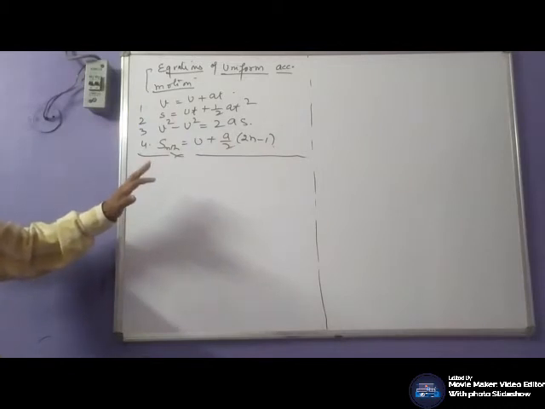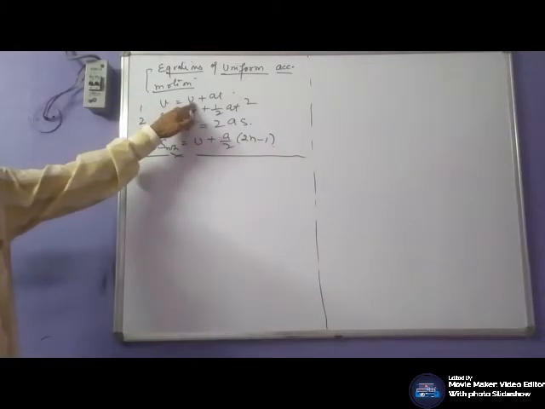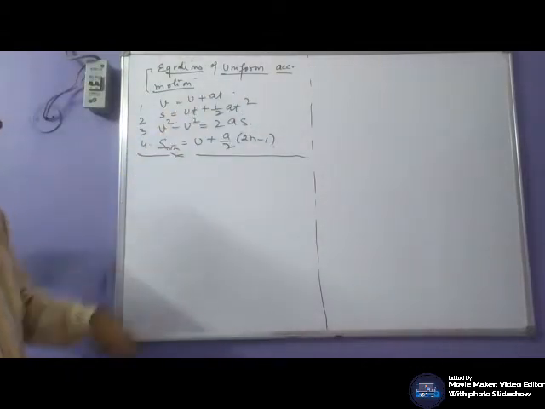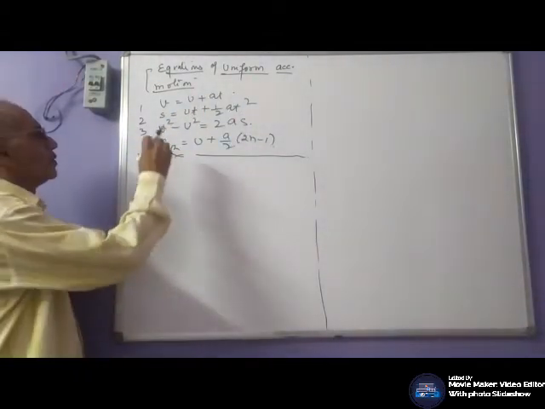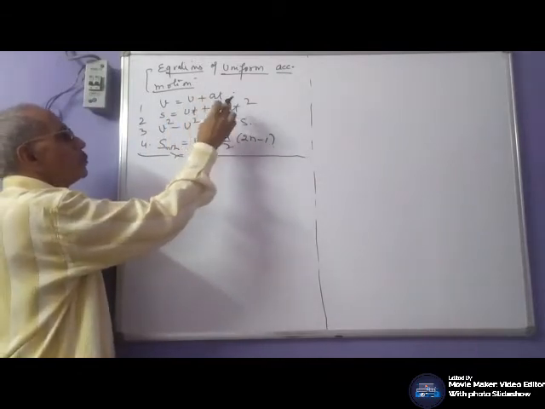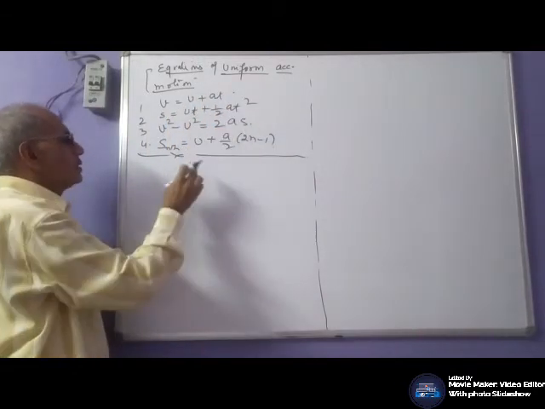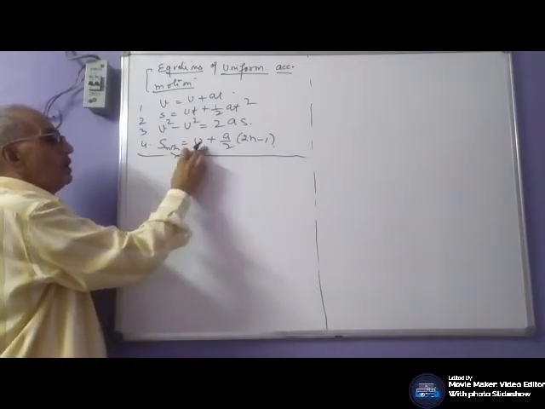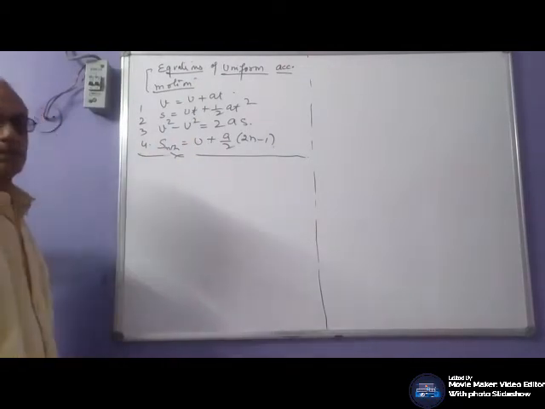We already know this is initial velocity, this is final velocity, this is acceleration, this is time. This is distance, this is distance traveled in the nth second.